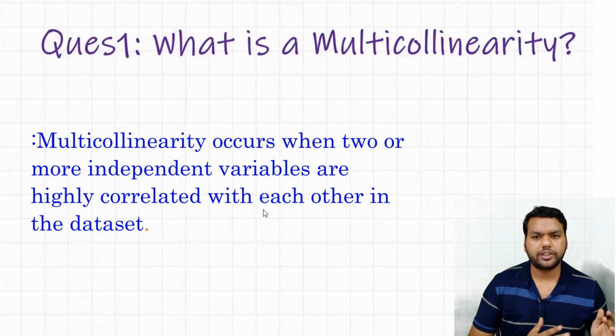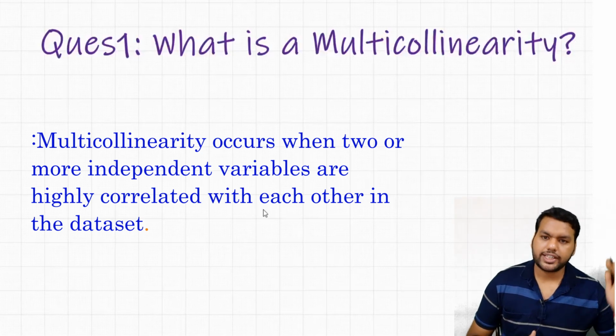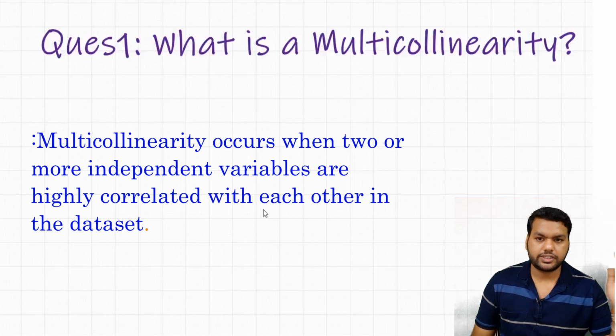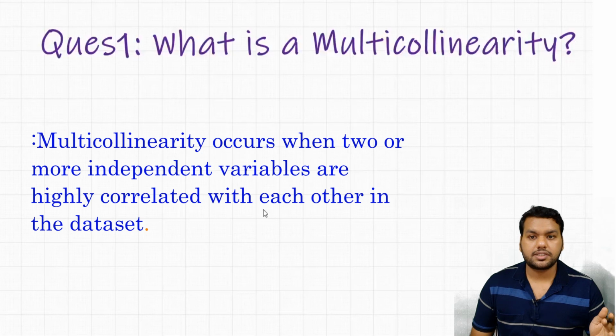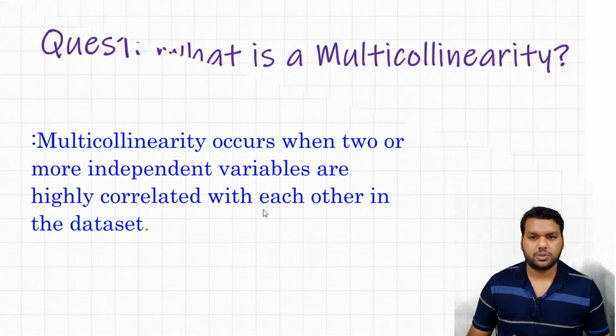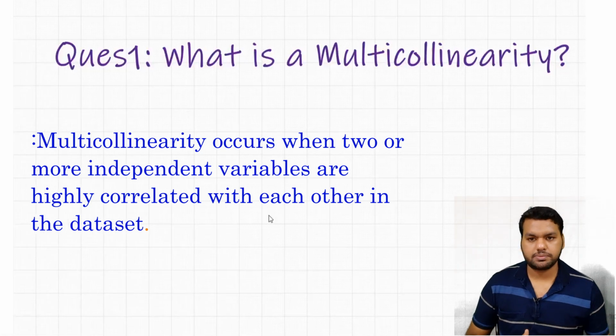Highly correlated means what? If x1 increases, then x2 also increases, and vice versa. If x1 decreases, then x2 also decreases. That means we are unable to determine the variation in the response variable due to x1 and x2 separately. This happens when multicollinearity is present in the data set.